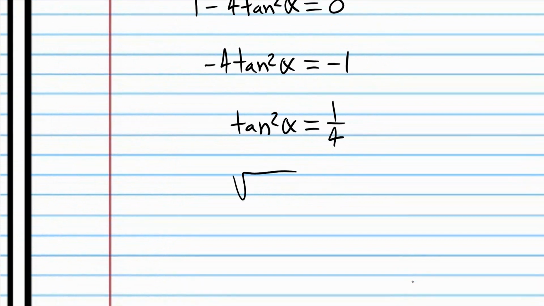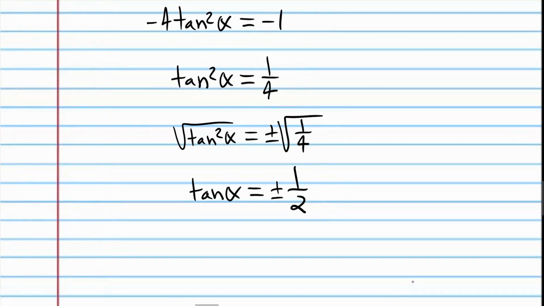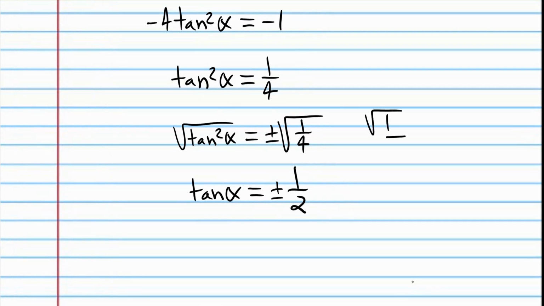And then we're going to square root both sides of the equation. And remember to write a plus or minus symbol. So we have tangent alpha is equal to plus or minus 1/2. Now how do we know that? Well, you can use this principle when you square root a fraction.